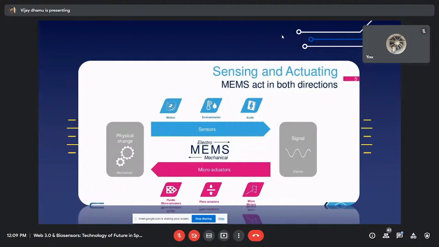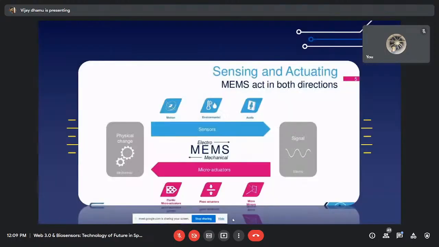So what do we mean by MEMS? The word MEMS stands for micro electromechanical systems. It is a system which consists of both electrical and mechanical elements.